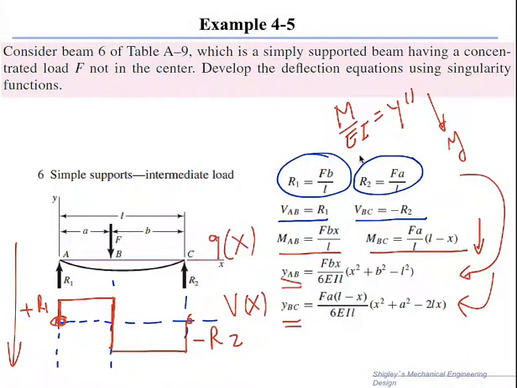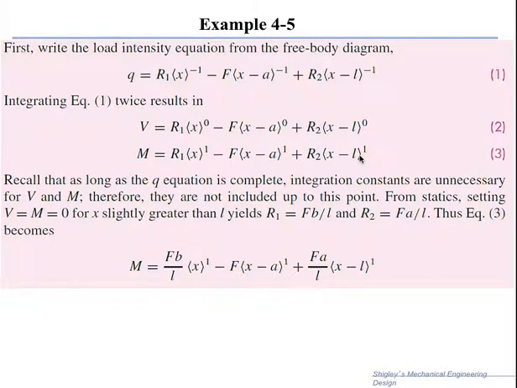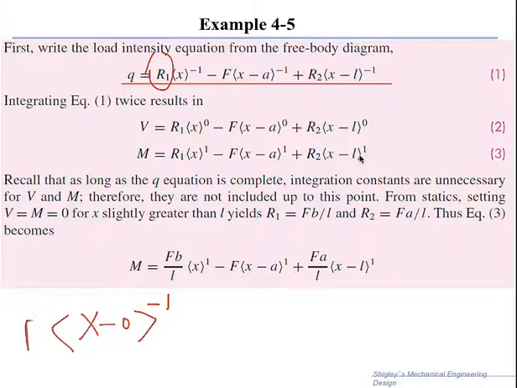So the way that we're going to write Q is as now the composition of three concentrated forces. One force R1, and it is concentrated at 0. So when it's concentrated at 0, we write x minus 0, and it is a delta function, so the power will be equal to minus 1. And the magnitude is R1.